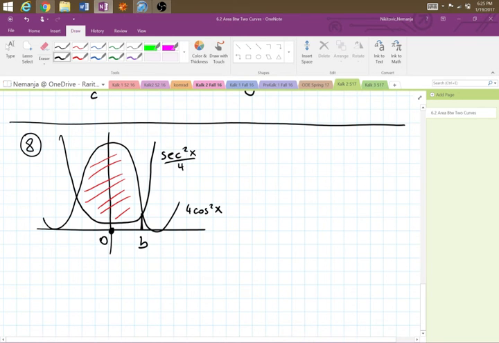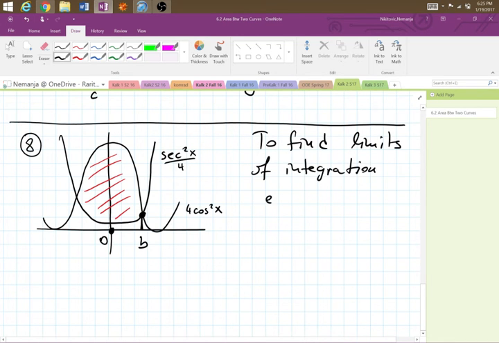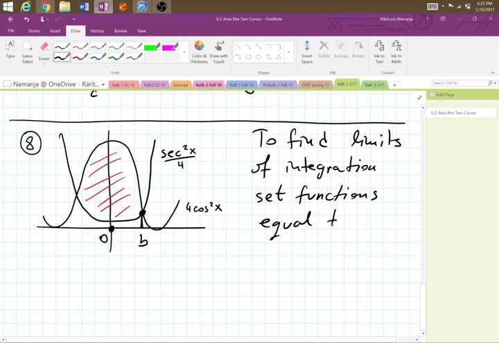First, I have to find b. To find limits of integration, set functions equal to each other.